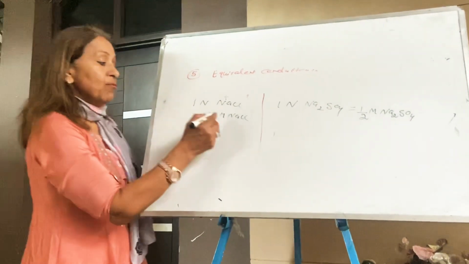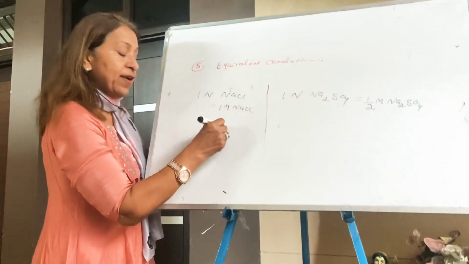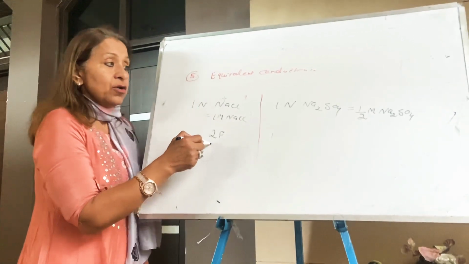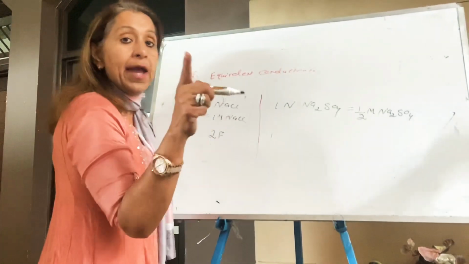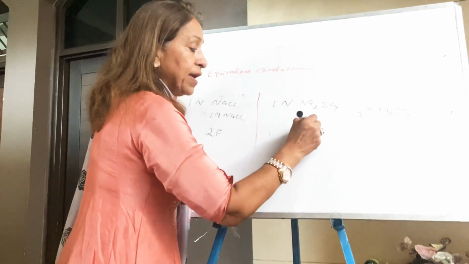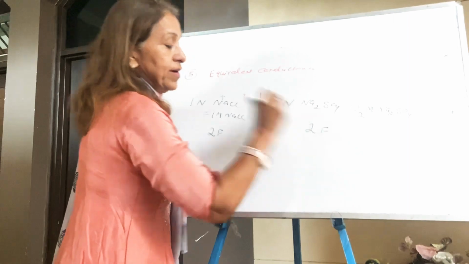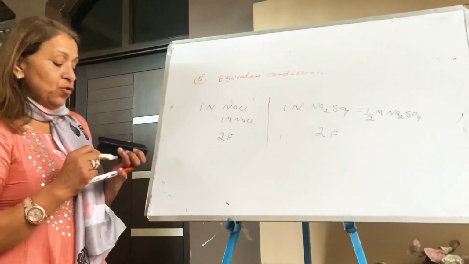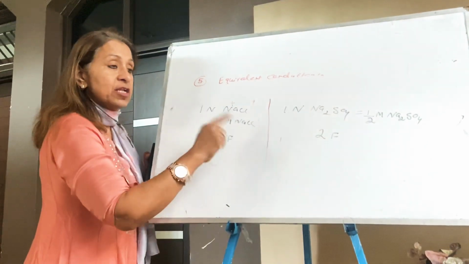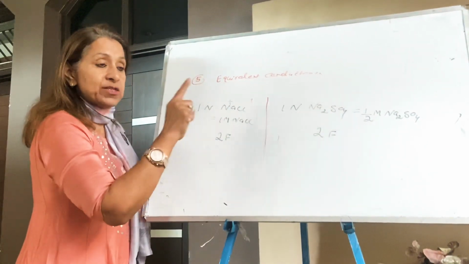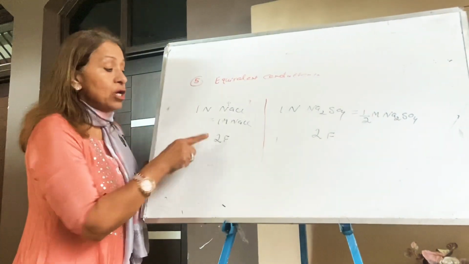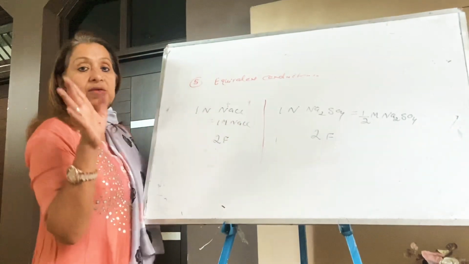Now you know 1 M NaCl was carrying 2 Faraday of electricity, and 1 N also carries 2 Faraday. You know 1 M sodium sulfate was carrying 4 Faraday, but half M will carry 2 Faraday. That is the answer. This means if you take the solution 1 N each, that is 1 gram equivalent each, they will surely carry equivalent amount of electricity.